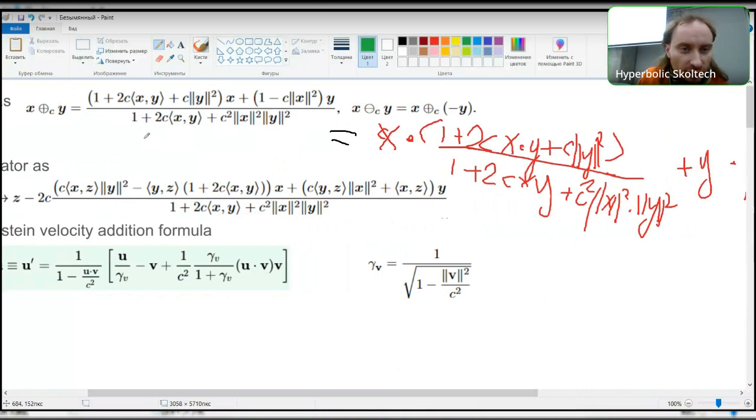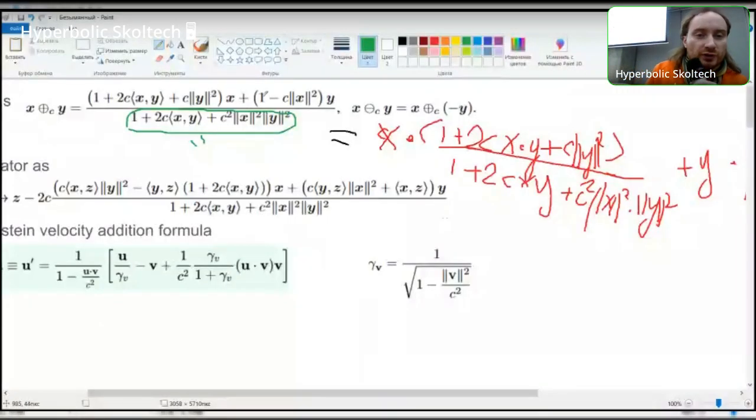Let's think about it this way. Actually, this is like some scalar product for what? Wait, no, this is not a scalar product. Okay, let's think about it another way.